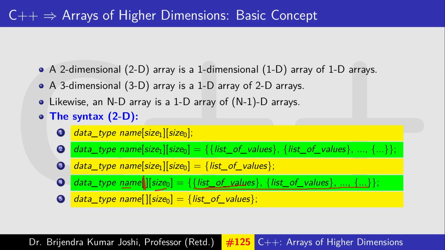Accordingly, the compiler will deduce what should have been written here. Next one is the data type, legal name, again a missing dimension from the left hand side, the leftmost dimension, and size 0, then a pair of braces and all possible values. So here if you have given size 0 some value, then the list of elements can be any in number. Accordingly, it will convert them into the number of rows and number of columns.